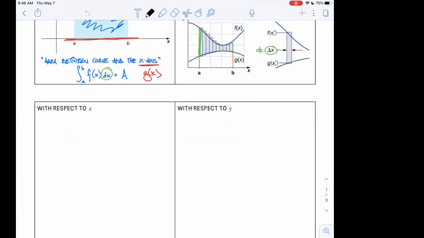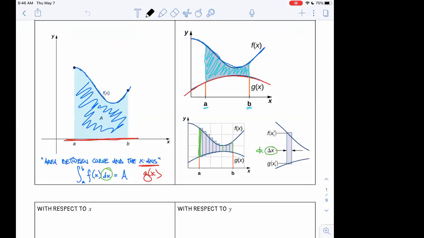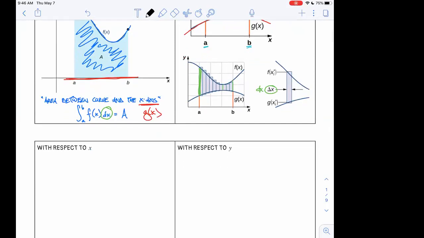We're going to see a bunch of cases that look like this diagram right here, okay? And when we see a situation like this, it's what we call finding an integral with respect to x. What it means is that the rectangles you're imagining are perpendicular to the x-axis, okay?